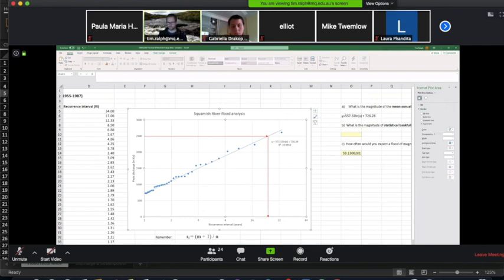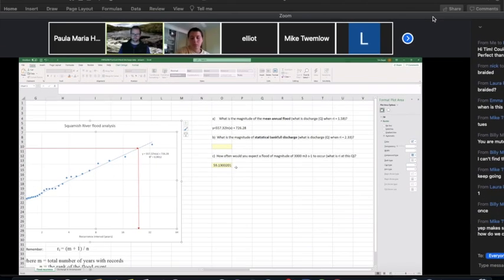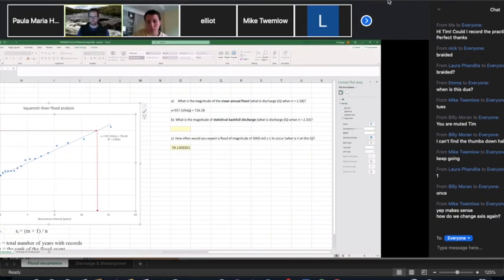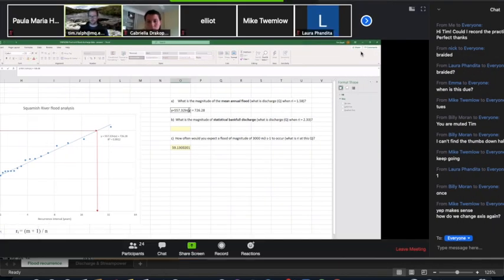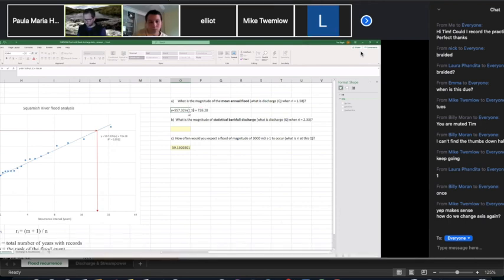So what we have to do is substitute for x. We need that to be 1.58 because we're asking, when the recurrence interval is 1.58, what is the discharge? We then need to fiddle with this a little bit more. We want to get rid of y there because this cell is now y.